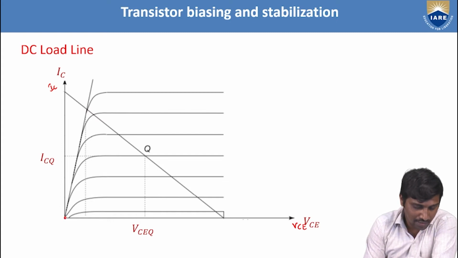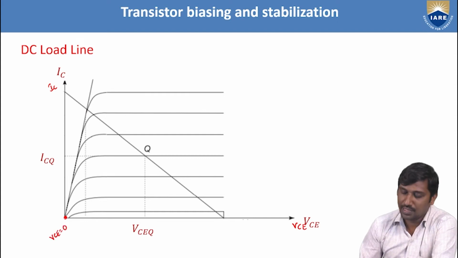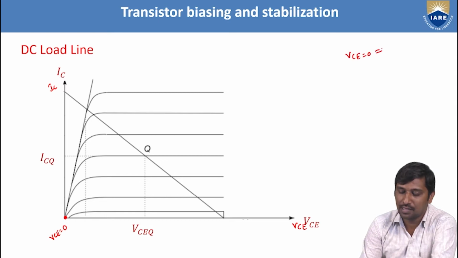At this point, I assume this VCE is 0. At which VCE is 0, we observe that we have two parameters. When VCE is 0, the collector current is represented as VCC by RC, the maximum.